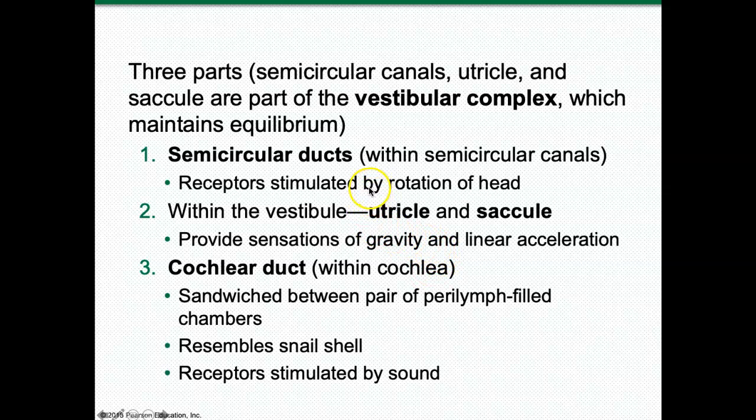The semicircular ducts have receptors that are stimulated by rotation of the head. Within the vestibule are the utricle and saccule, and they respond to linear acceleration and gravity. So the round semicircular ducts are for rotation. The vestibule, which is like the hallway in the middle, responds to gravity and acceleration. And then finally, within the cochlea is the cochlear duct, and that is stimulated by sound.